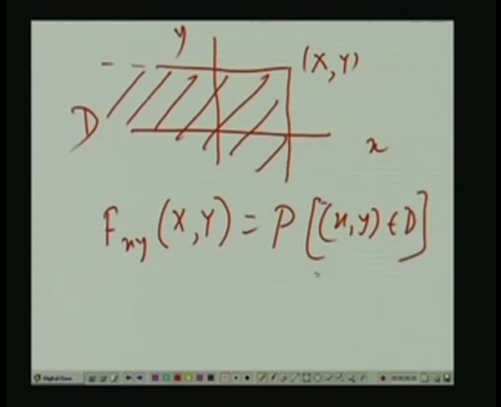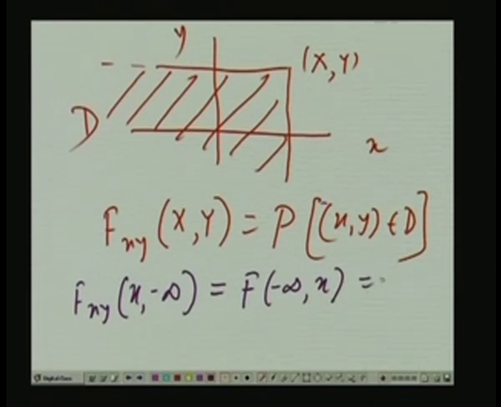Now, some properties follow immediately from this. What are the properties? First, this is equal to 0.